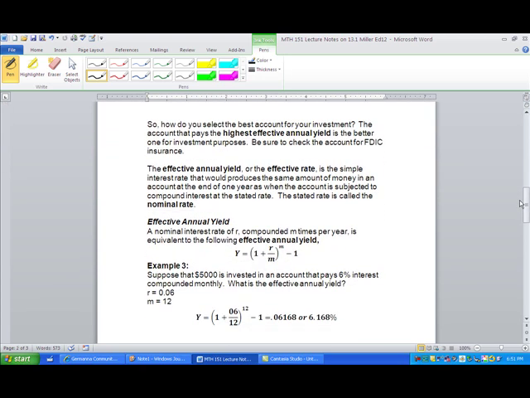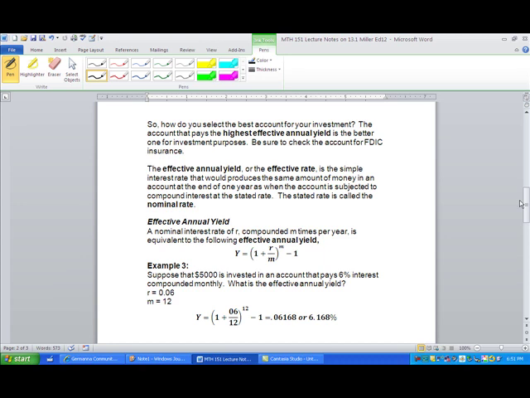Okay, so we have all kinds of ways and all kinds of accounts we can put our money into. And how do we select the best account for our investments? The account that pays the highest effective annual yield is the better one for investment purposes.